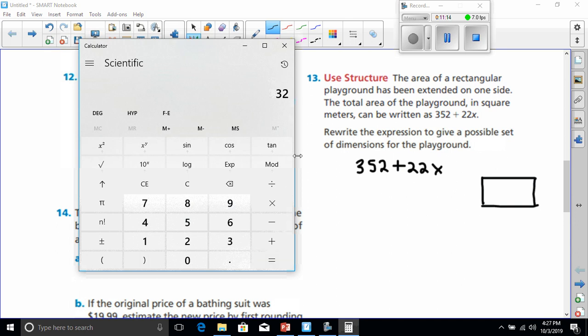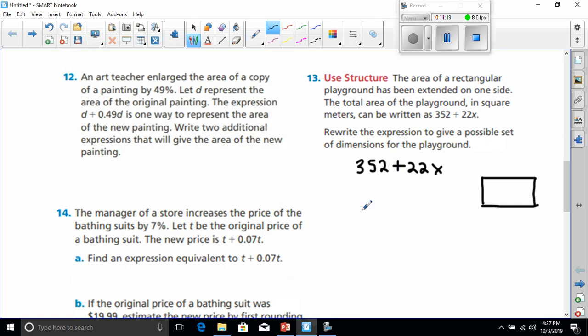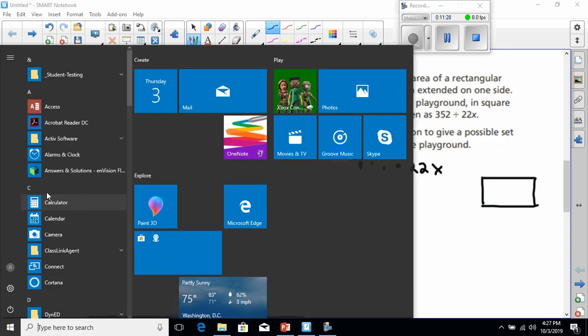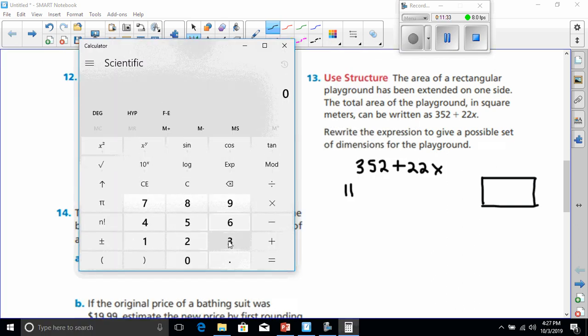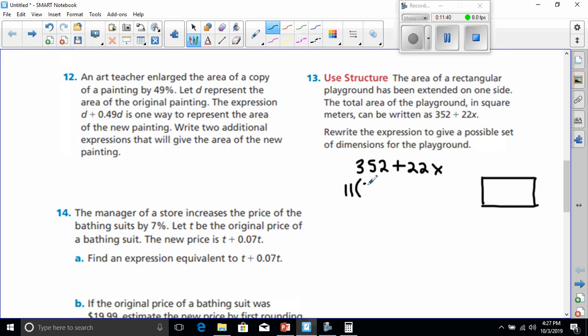That gives me 32. So I'm going to divide both of these by 11. If I do that, I've got 11 times 32 plus 2x.